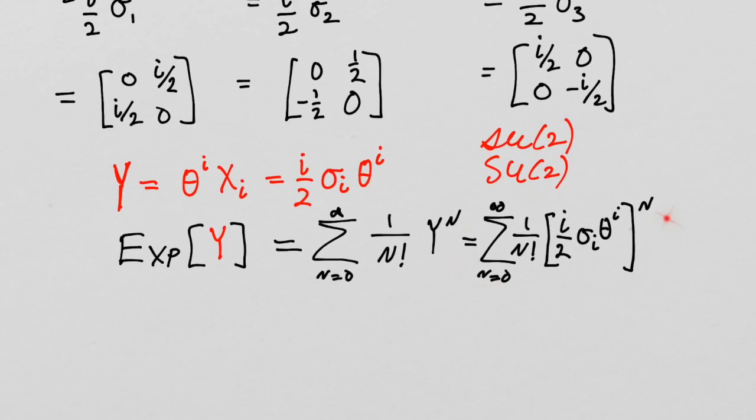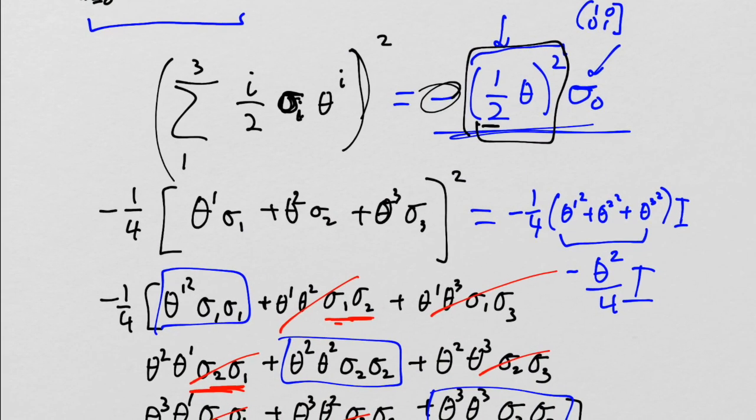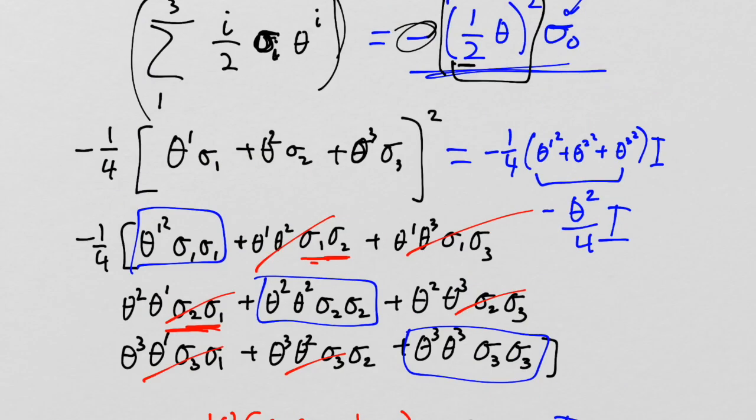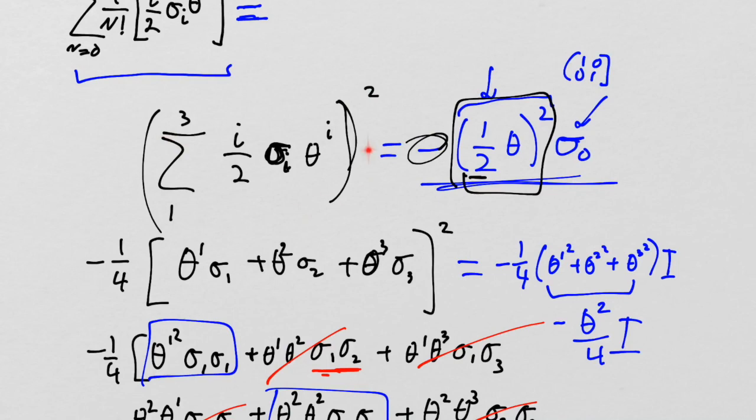We created this object, which is the definition of the exponential, and then we very cleverly executed that exponential using this very important identity. Using the fact that the product of any two Pauli matrices is sigma 0, and the anti-commutator of two Pauli matrices is 0, we were able to clean this up and derive this nice identity, which is a multiple of the identity matrix.